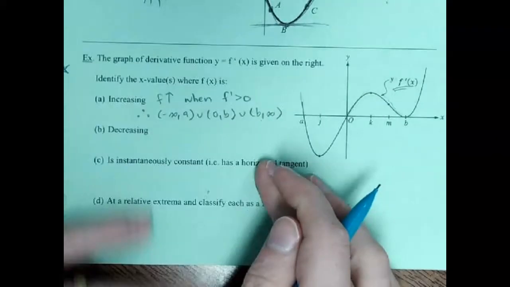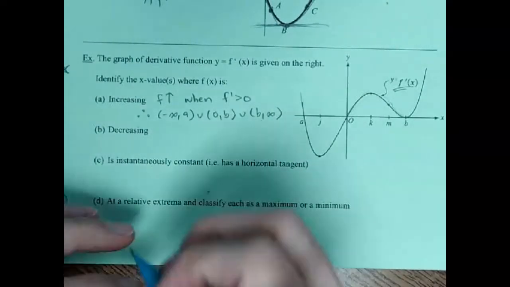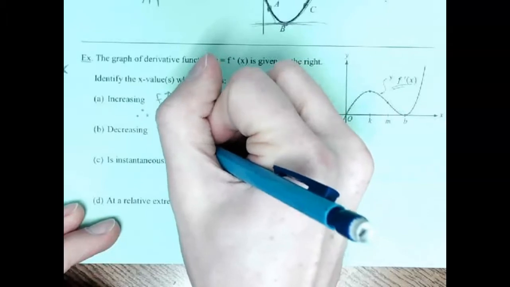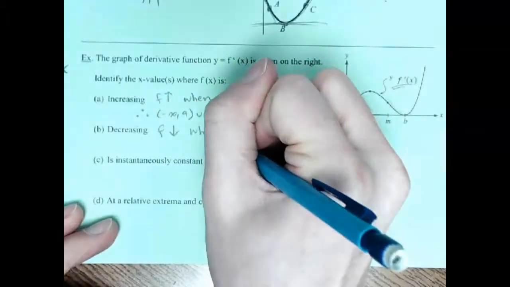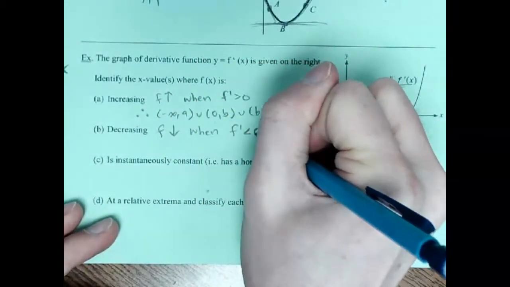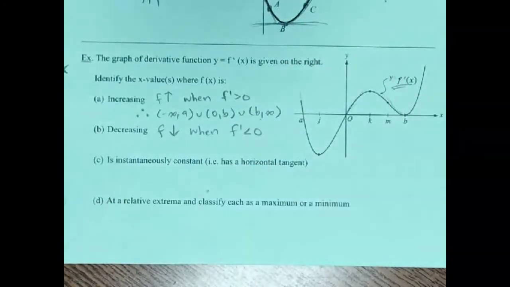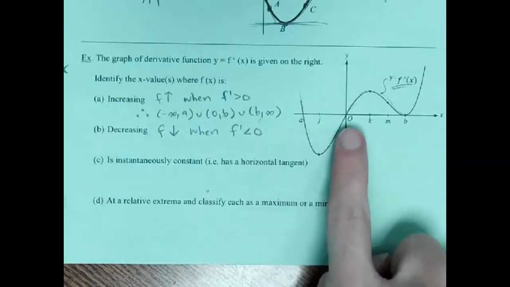Okay, well let's do something similar to get decreasing. f would be decreasing when the derivative is negative, right? Decreasing means going down. That means that graph of f, which you cannot see, but we're still answering questions about, would have a negative slope, so that means your derivative is negative, which means your derivative graph is beneath the x-axis.